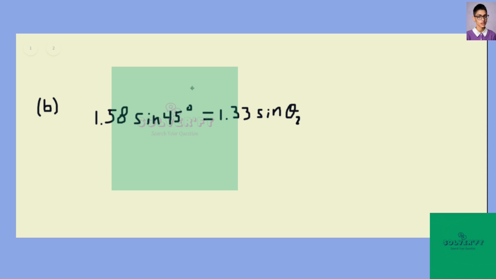Okay, so therefore, solving for sine of theta 2, we find that this is equal to 1.58 divided by 1.33 multiplied by 1 over the sine of 45 degrees.